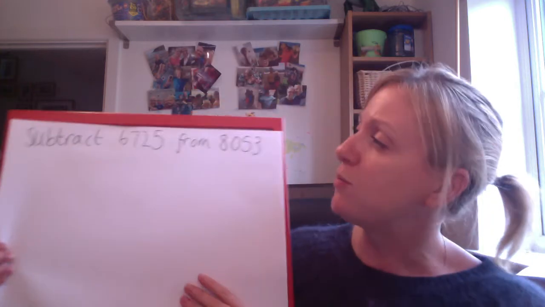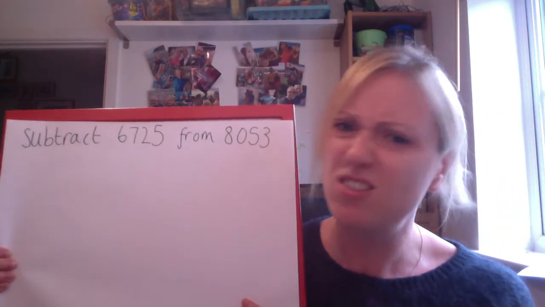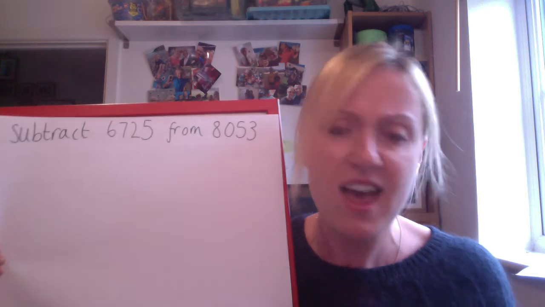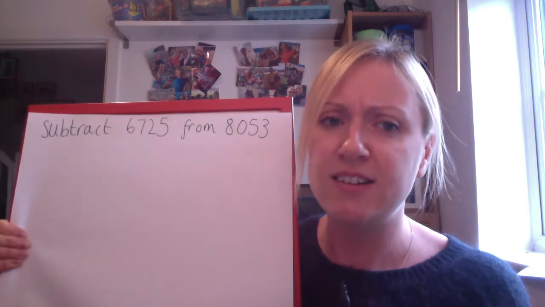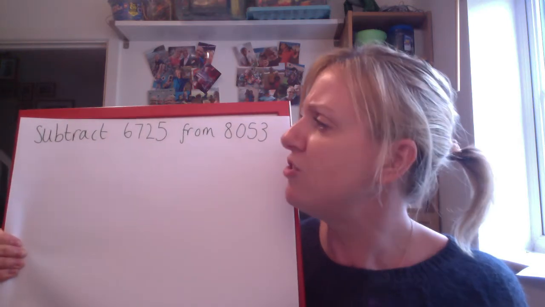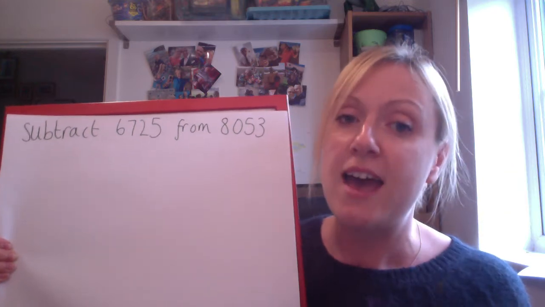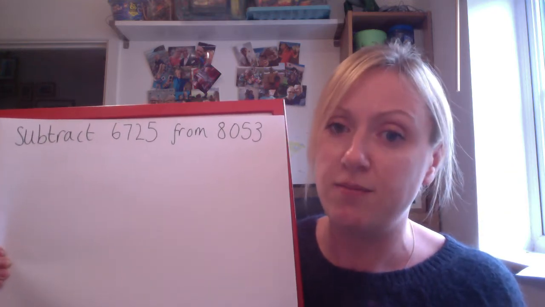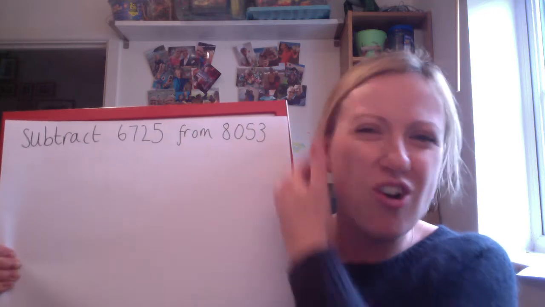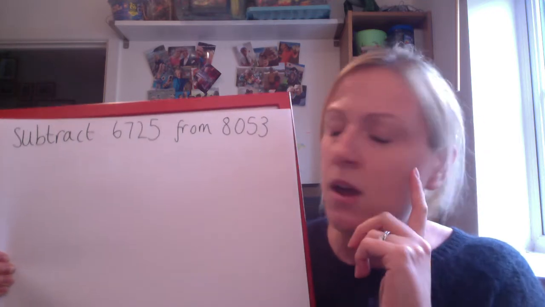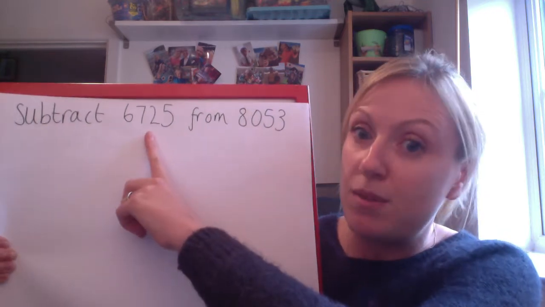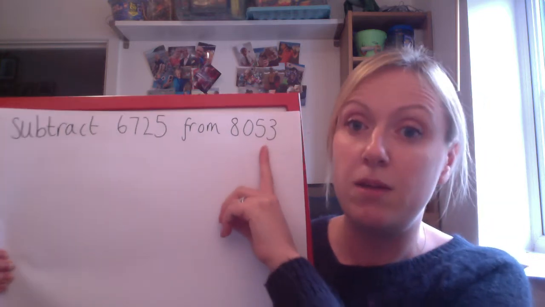I have now got a word problem for us to have a look at. It's not too wordy. It says subtract 6,725 from 8,053. Now, the question's trying to trip me up here. It's given me the smaller number first and the bigger number last.